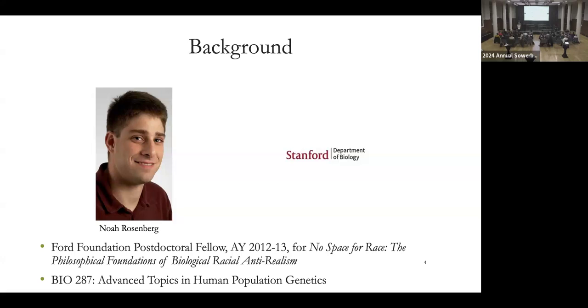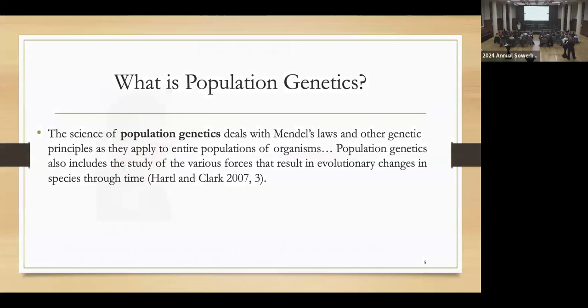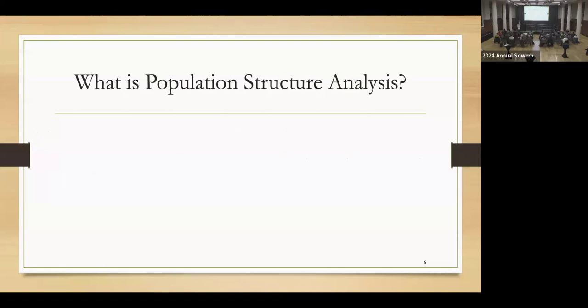So first off, what is population genetics? This is a part of biology where we are studying both genetics at the population level as well as evolutionary biology. So populations are kind of the units of evolution, not the only units, but a very important unit. So if you're going to do population genetics, you might want to find out your populations.